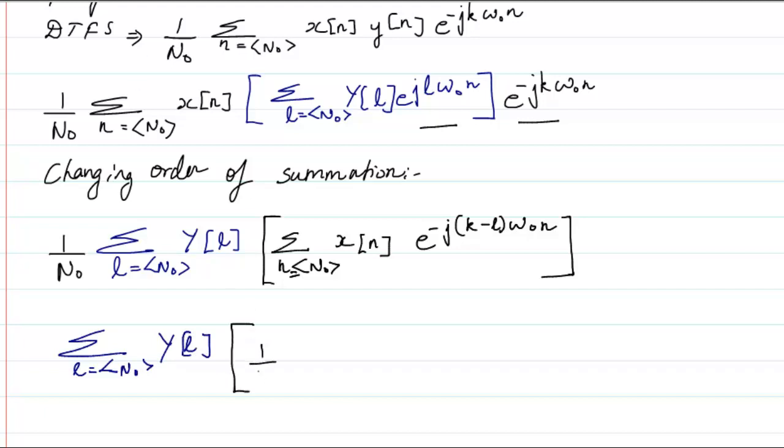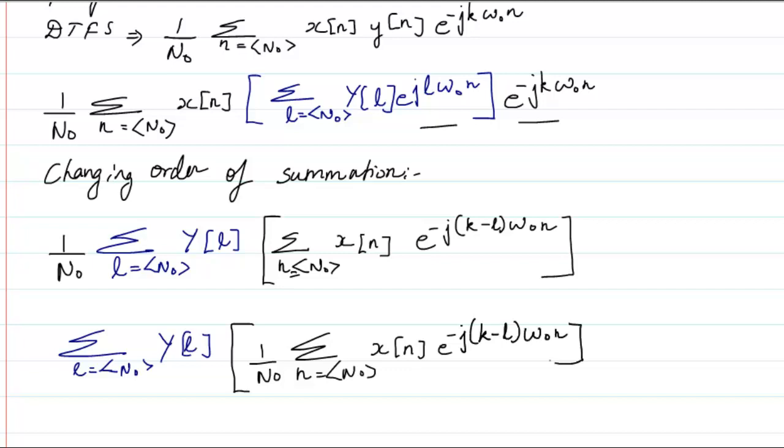So 1 by n naught summation n within the period n naught x of n e raised to power minus j k minus L omega naught n.